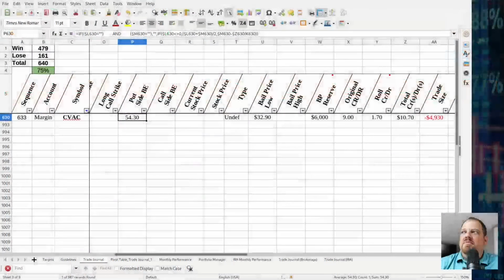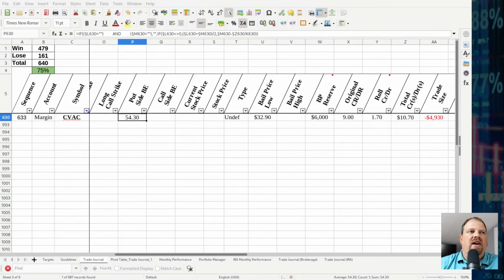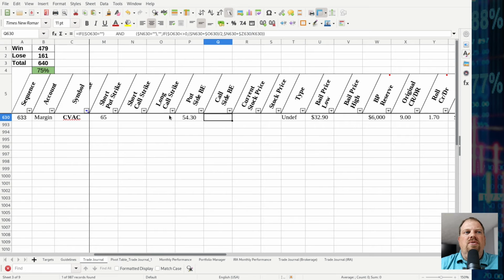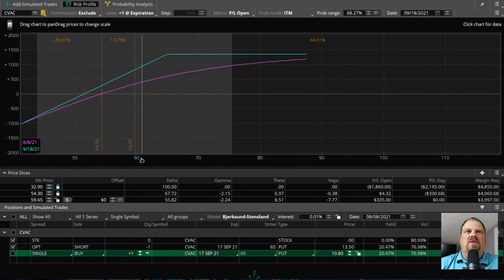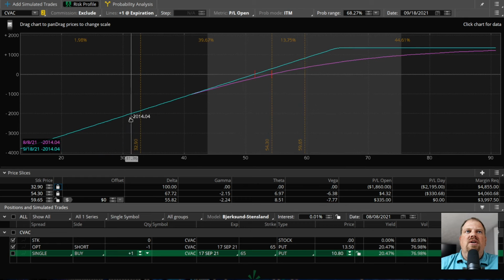If I take a look back at my trading journal here and I come to my bailout price, that's going to be 32.90. So going back to my P&L chart, I will add another price slice, and I will set it to my 32.90 bailout price, and it's going to be quite a bit down here.